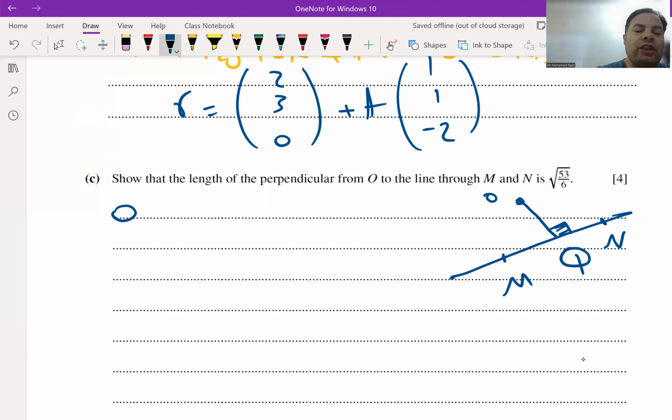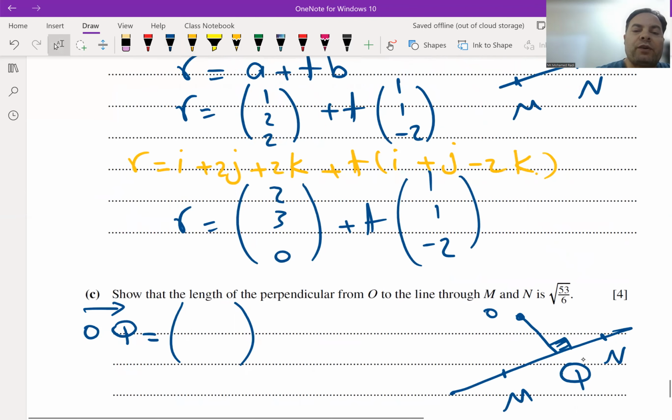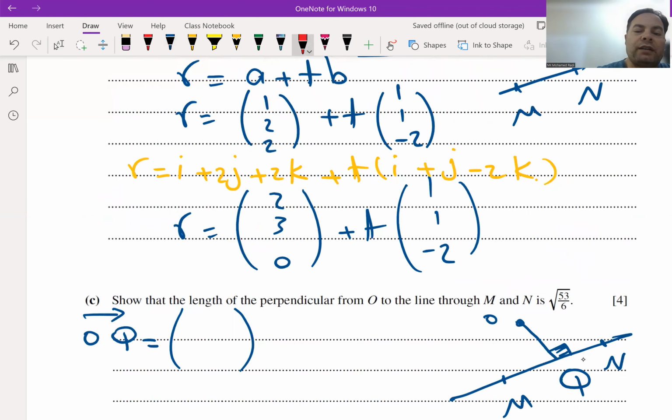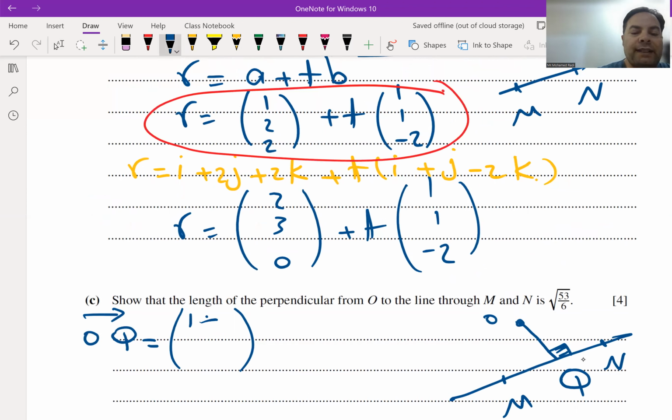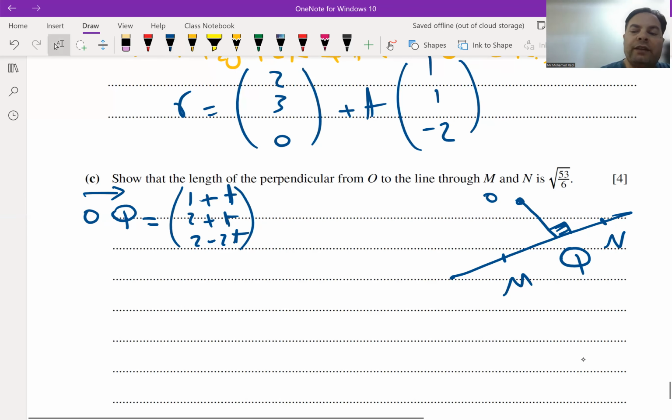You can get Q in terms of t, the position vector OQ, from the equation of the line. We can write it as 1 plus t, 2 plus t, 2 minus 2t. This vector and MN are perpendicular.